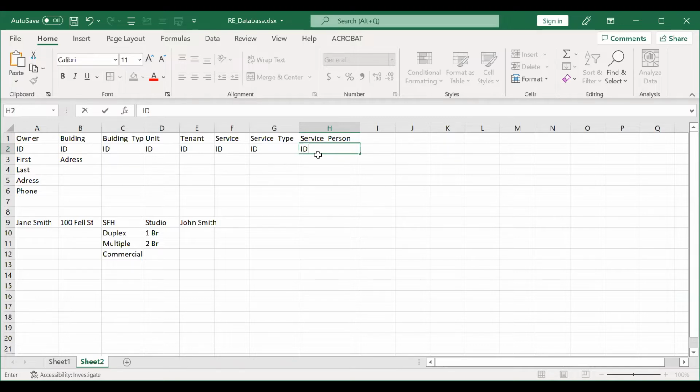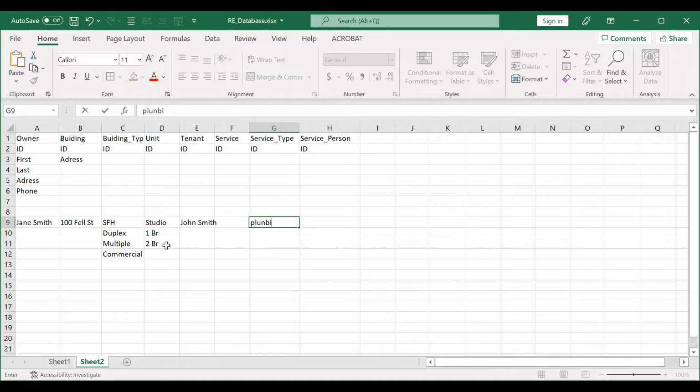We could have a service person type because we have electricians, we have plumbers, right? Who else? So we have painters. So anyway, we can go as detailed as we want and so forth. Yes, roofing, absolutely. So service type, I guess it's plumbing, electricians, and roofing.